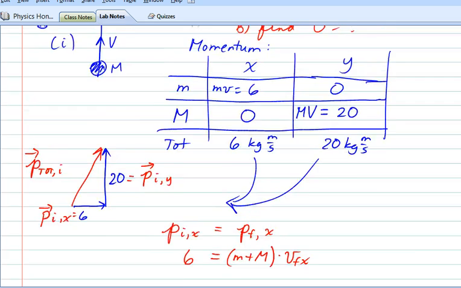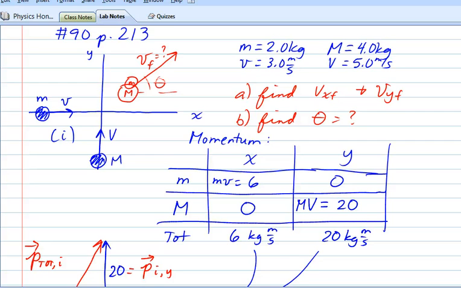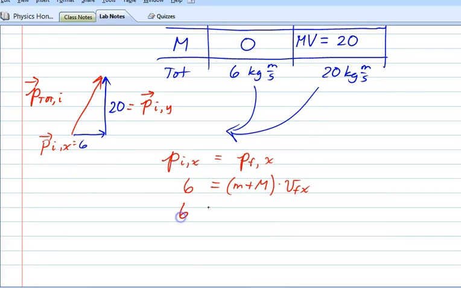The mass of the entire system is 2 plus 4, and this tells us that v final in the x direction is going to be 1 meter per second.